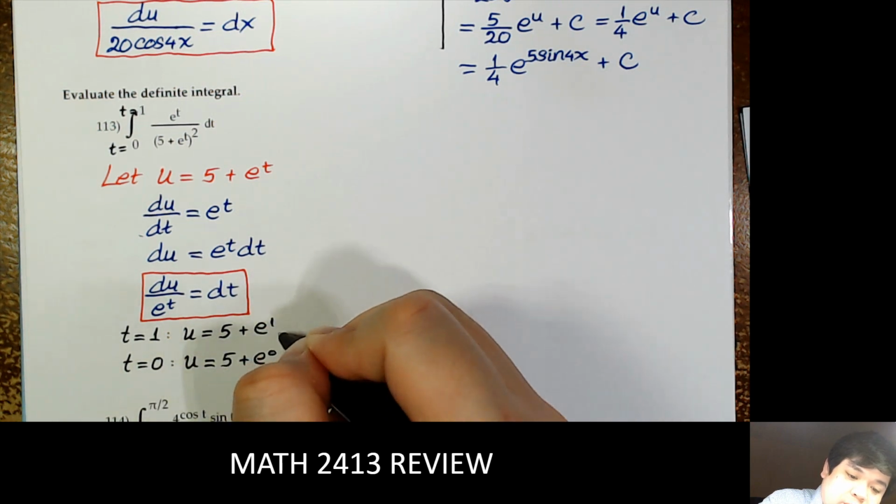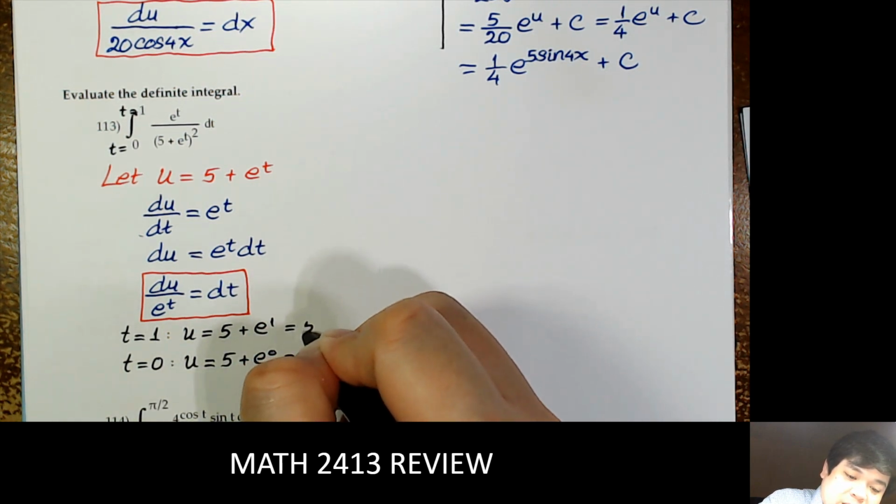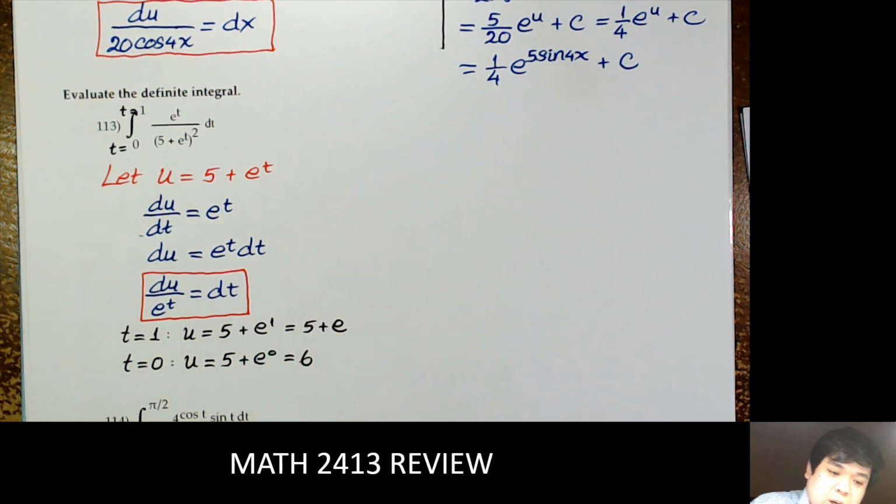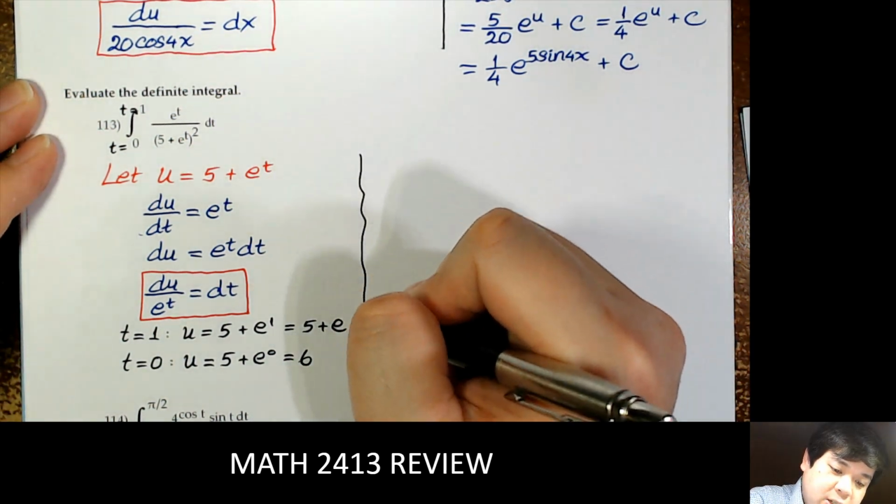And then t is to the first, we cannot do anything, so just say 5 plus e. So that would be the new limits.